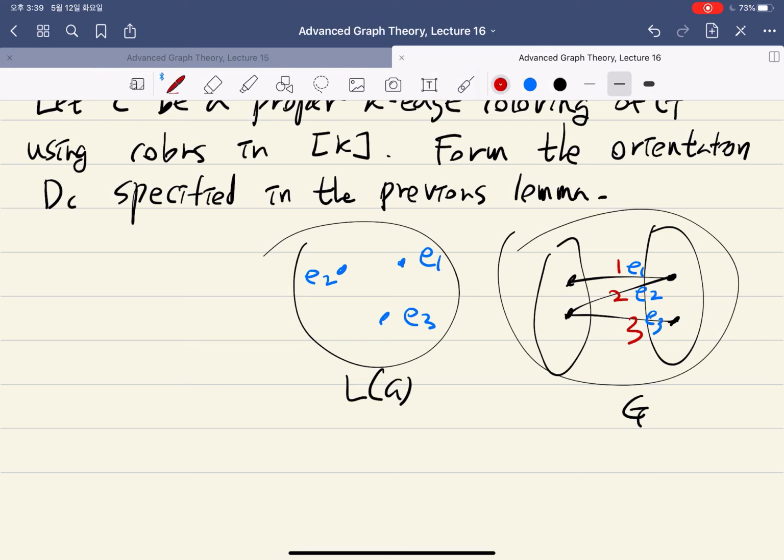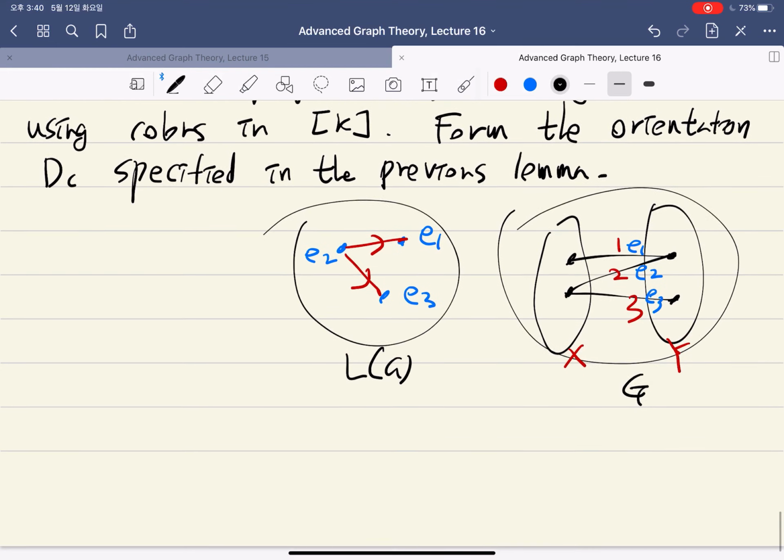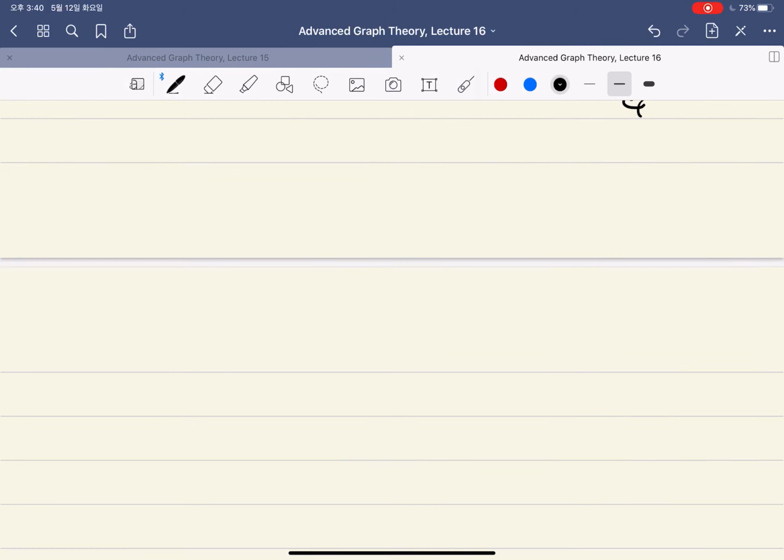So between E1 and E2, it's E2 to E1 because we send edges to the smaller part, and here E2 to E3 because if we share the vertex in X, we orient from smaller to bigger one. And now what we want to show in this orientation is that its out degree is bounded at every vertex.